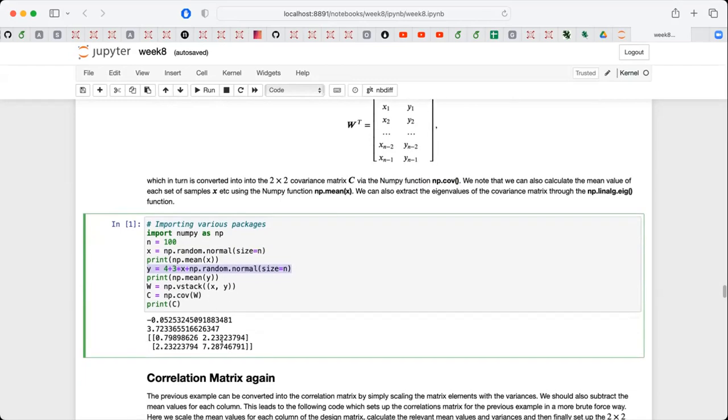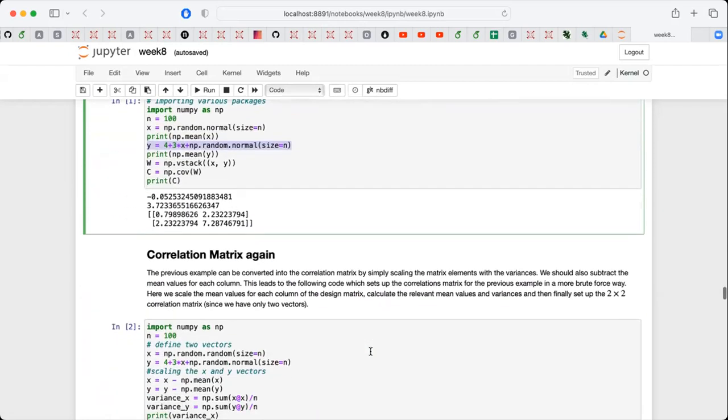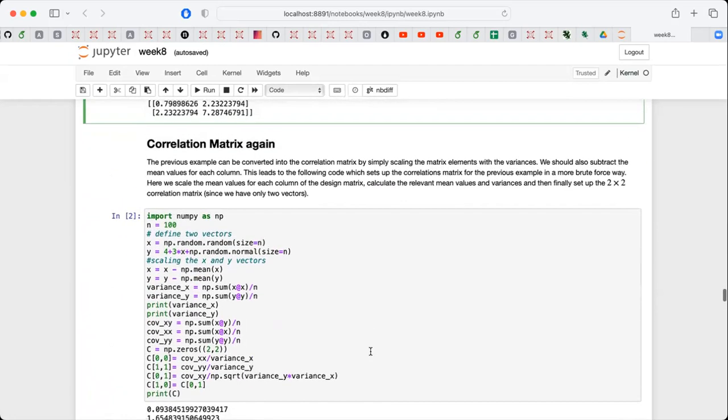This is the covariance matrix which you get in this specific case. And then you can convert that, if you want to, into your correlation matrix. What I did here is just to do this manually.